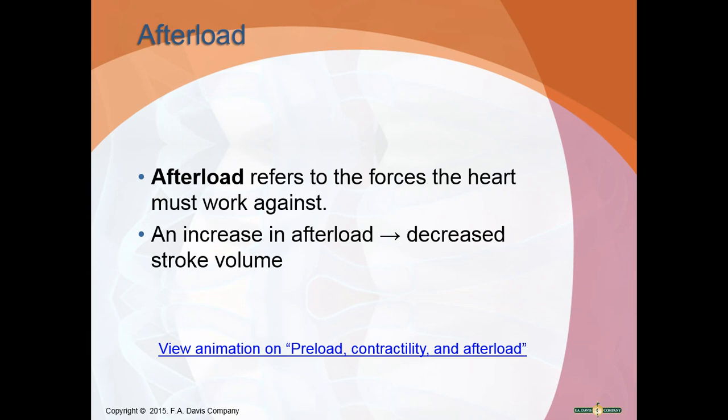An increase in afterload, such as high blood pressure, opposes the ejection of blood from the ventricles, which leads to decreased stroke volume. For example, if you try to shoot a rubber band underwater, the pressure of the water, the afterload, will resist the forward movement of the rubber band. So view this animation on preload, contractility, and afterload.